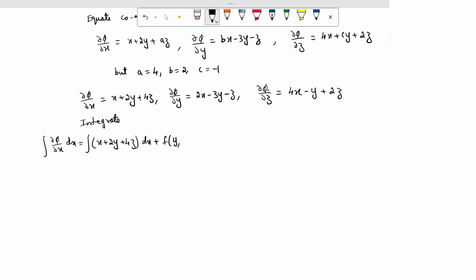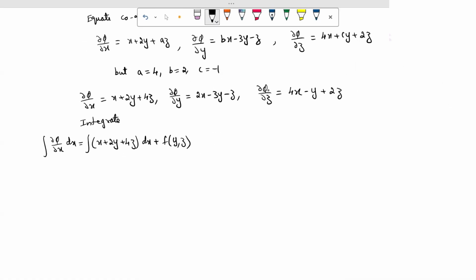So it is a function of y and z. First let us complete this one. The integral of ∂φ/∂x dx will give us φ, which equals the integral of x dx plus 2y, a constant, times the integral of dx, plus 4z, a constant, times the integral of dx, plus a function of y comma z.